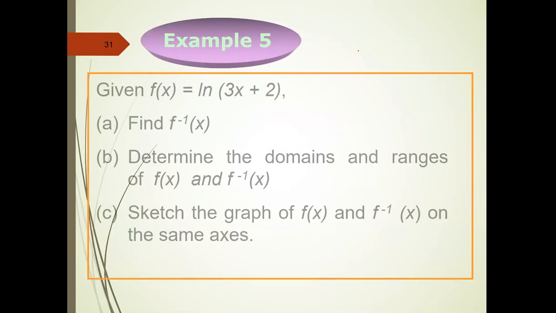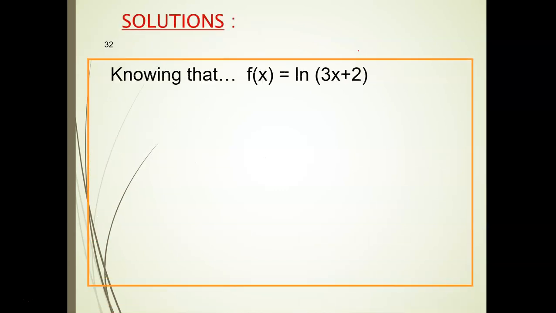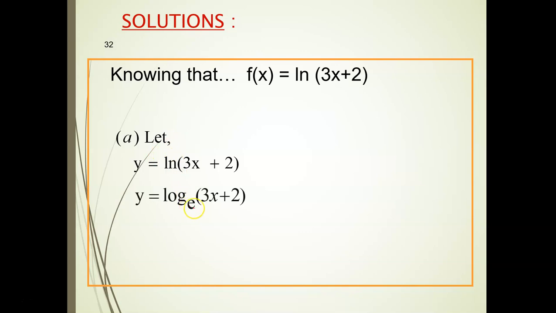Okay, how about this one? Given f(x) equals ln(3x + 2), find the inverse, same thing, find the domain and sketch the graph. Okay, knowing that y equals ln(3x + 2) is actually log base e of (3x + 2), so 3x + 2 equals e to the power of y.